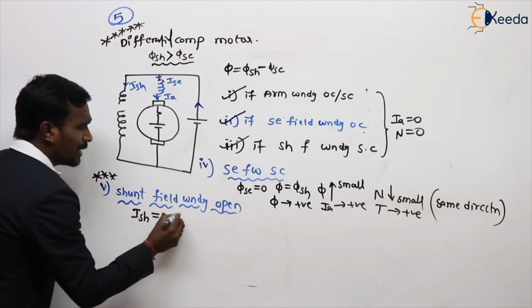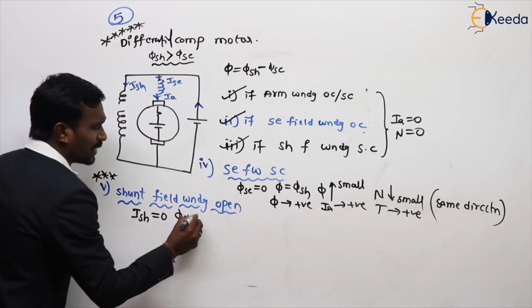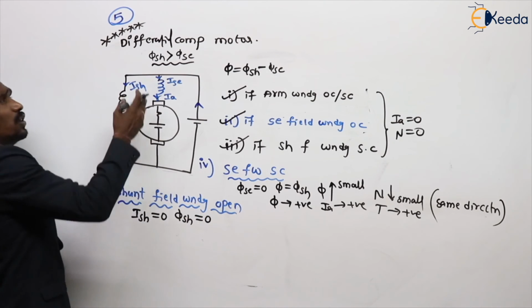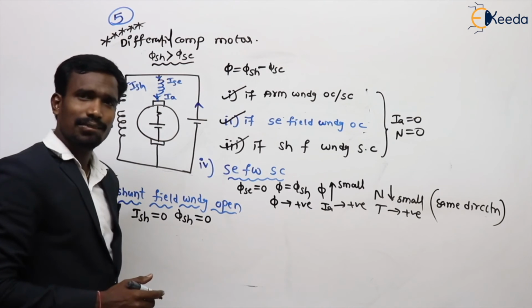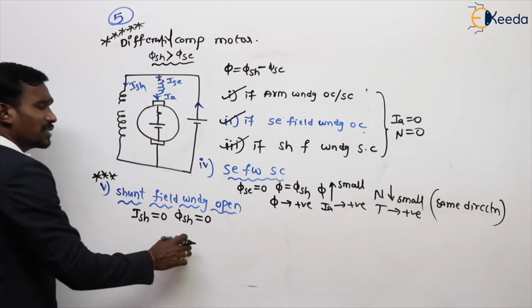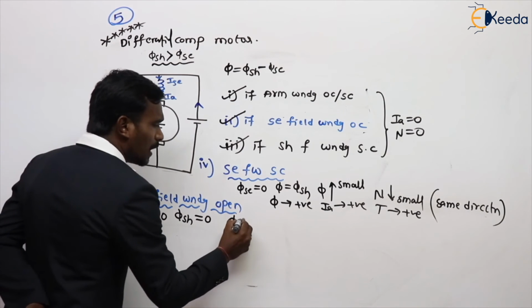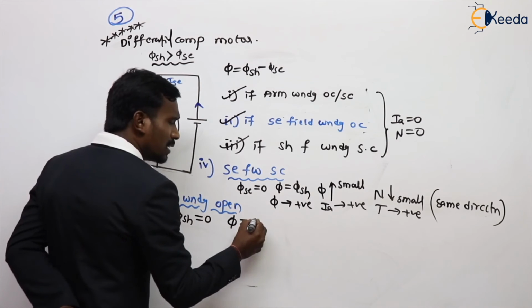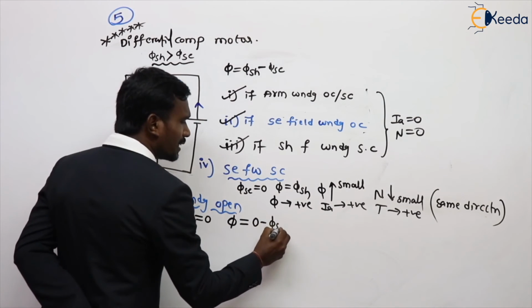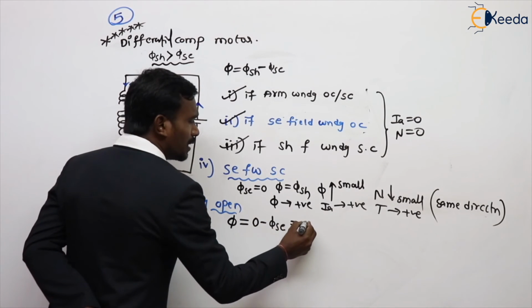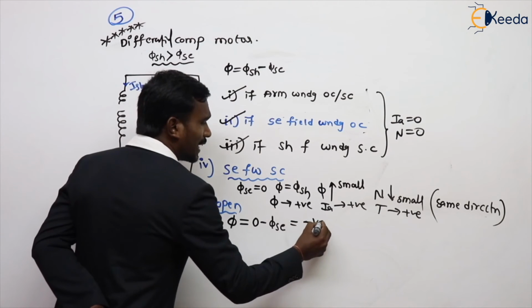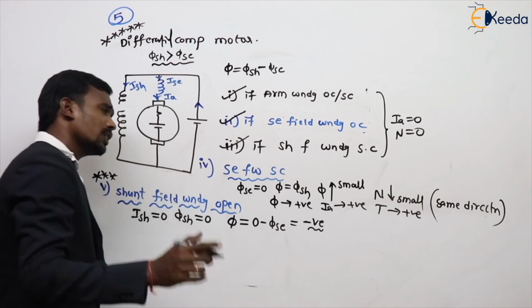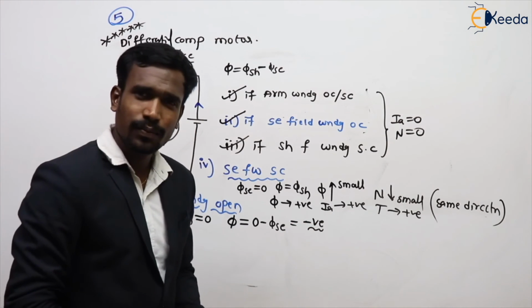ISH is 0. If ISH is 0, what is phi SH? Phi SH also 0, which is the maximum quantity. When phi SH is 0, what is phi? The phi is equal to, tell me what is the phi? 0 minus phi SE, nothing but the flux is a negative value. You should remember this one.